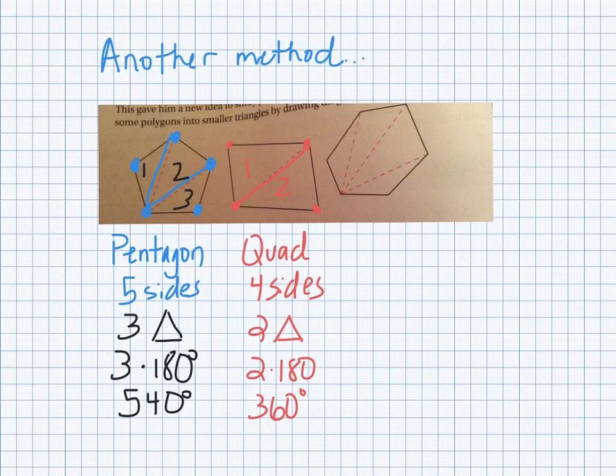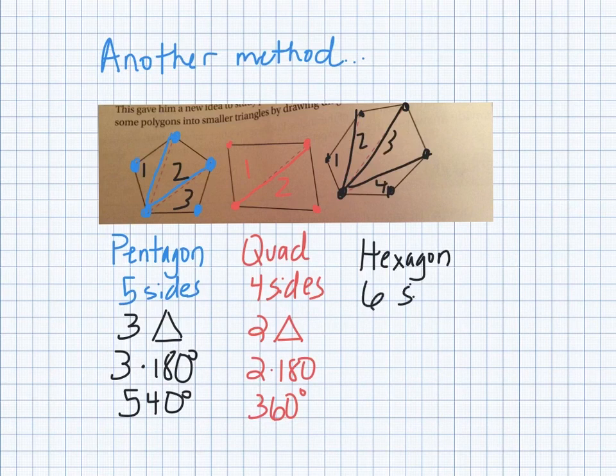Lastly, we take an irregular hexagon. We know that a hexagon has 6 sides. In this case, they're all different side lengths. We make an endpoint at each vertex, draw a diagonal line across from one vertex to the other, count the number of triangles. So in this case, hexagon, 6 sides, 4 triangles.